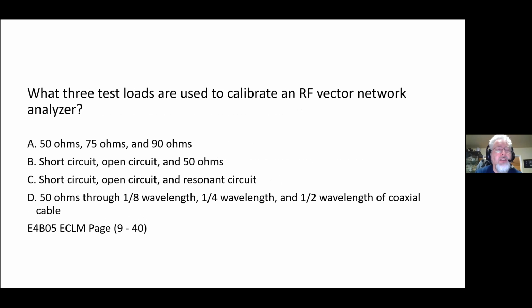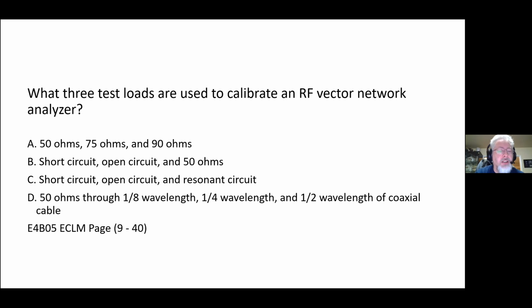What three test loads are used to calibrate an RF vector network analyzer? A, 50 ohms, 75 ohms, and 90 ohms. B, short circuit, open circuit, and 50 ohms.